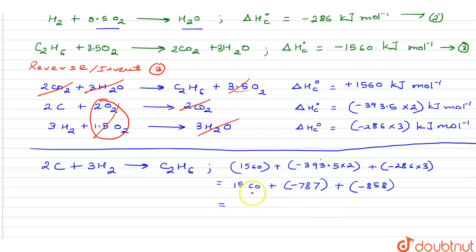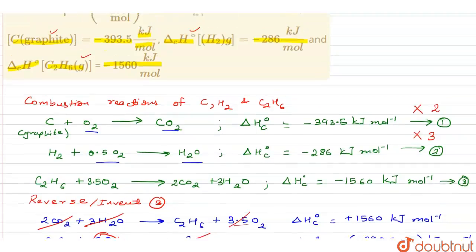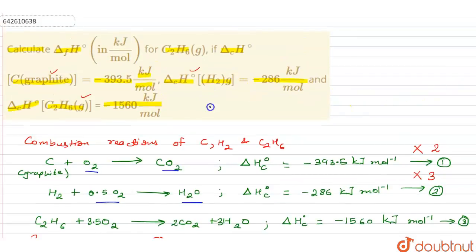On calculating this, we get minus 85 kilojoules per mole as our answer. What is this value? This is the heat of formation which we have got. So ΔHf° is equal to minus 85 kilojoules per mole for ethane.